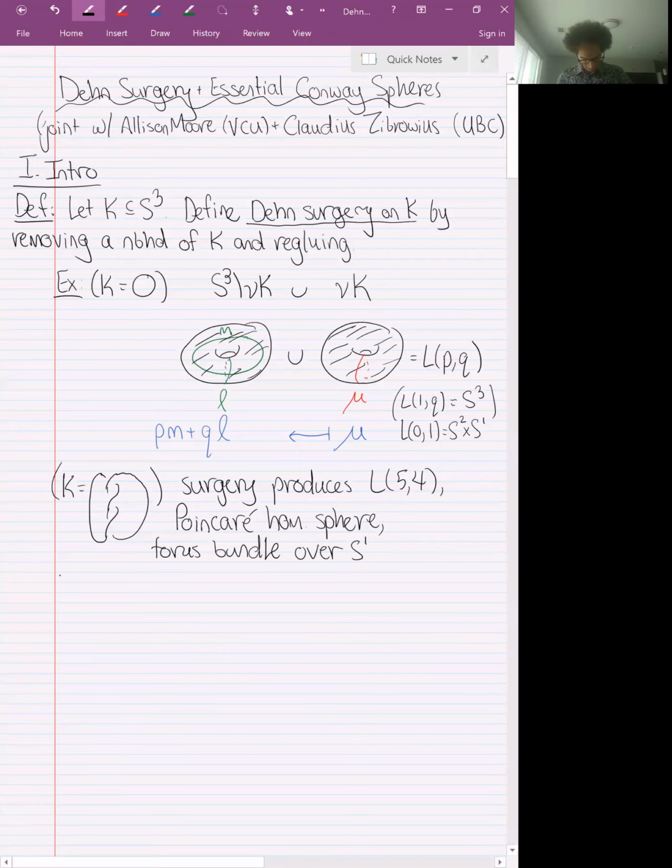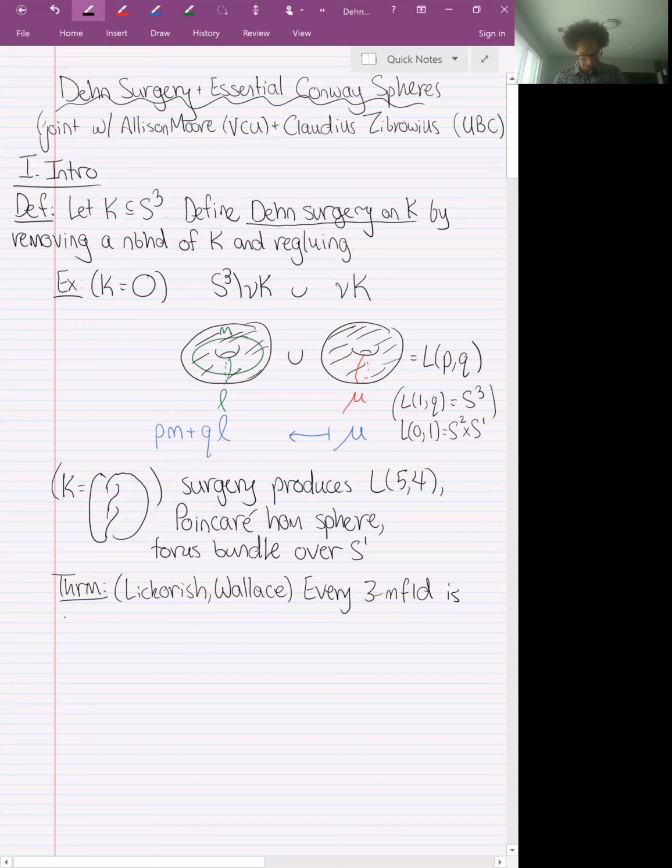We have the following theorem due to Lickorish and independently Wallace, which says that if we expand this construction a little bit, we can obtain every three-manifold by surgery. Here, every three-manifold means closed, connected, and oriented.